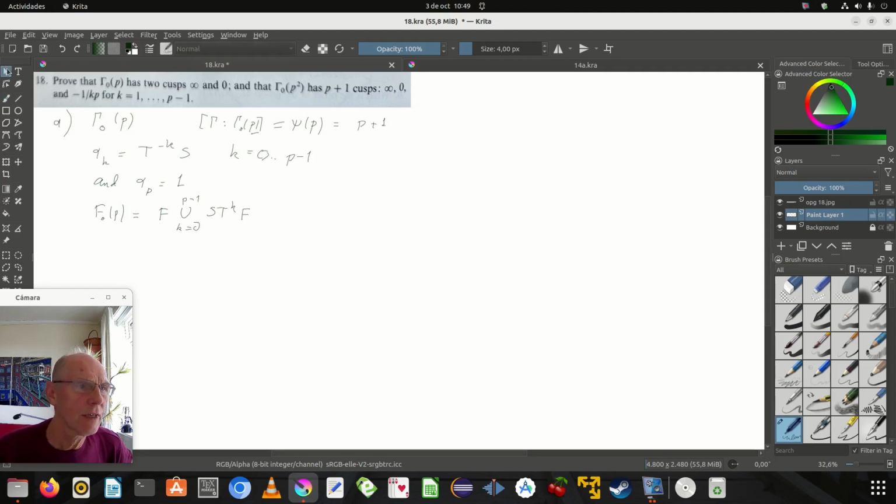And this is easy to describe. This is just a parallel translation of F. So it still only has the cusp at infinity, and they are all connected.